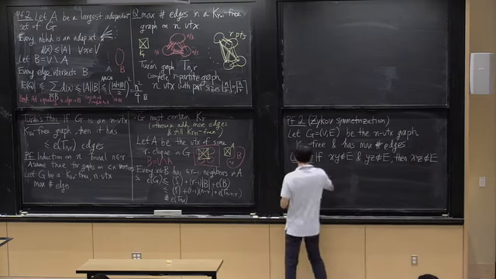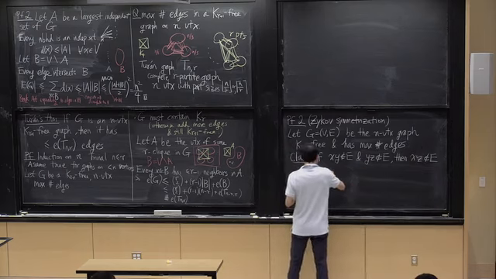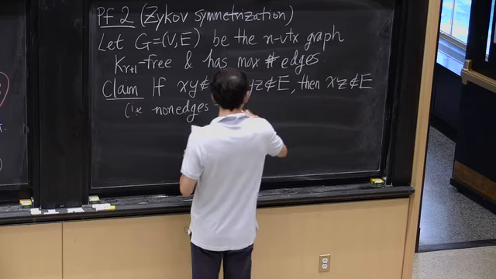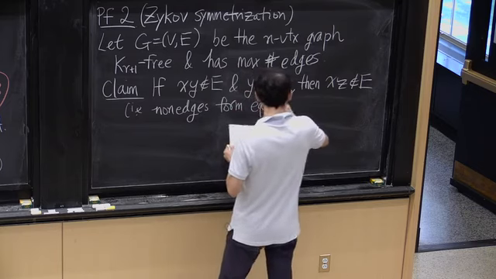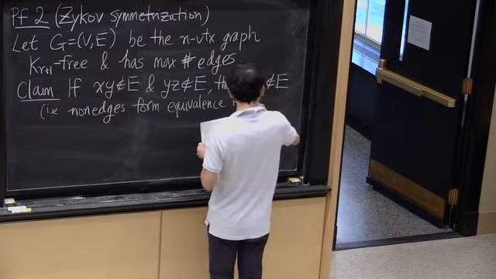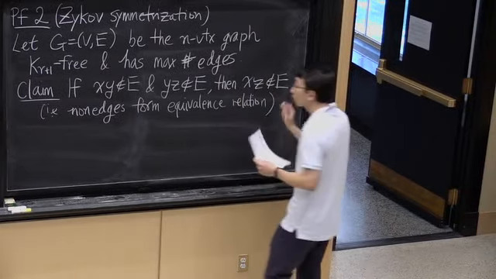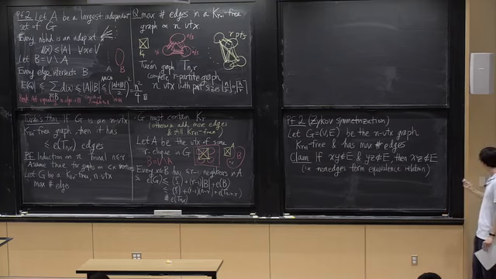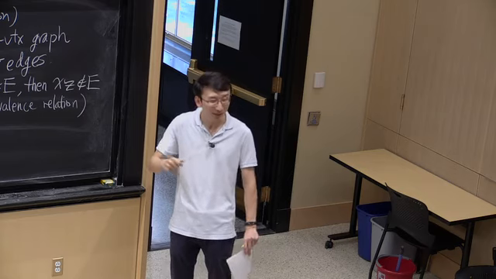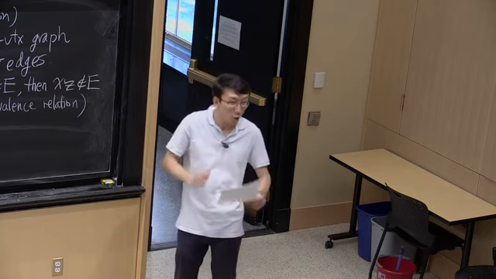So in other words, non-edges form an equivalence relation. And again, you should always think about the extremal example. It is true for the extremal example because the complement is a bunch of cliques, so it is an equivalence relation.